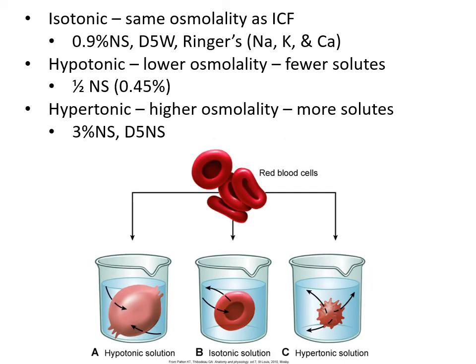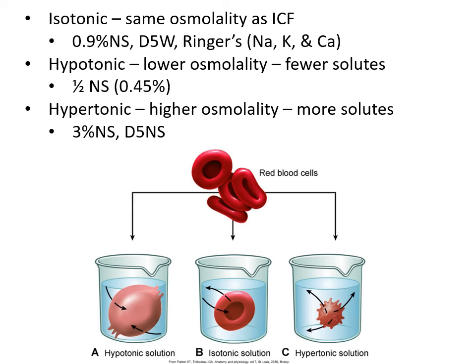Okay, so here's another slide helping you with this concept of isotonic. So isotonic just means the same concentration, the same tonicity. And if we're talking about an isotonic solution that we can give in terms of intravenous fluids, we're typically talking about 0.9% normal saline.